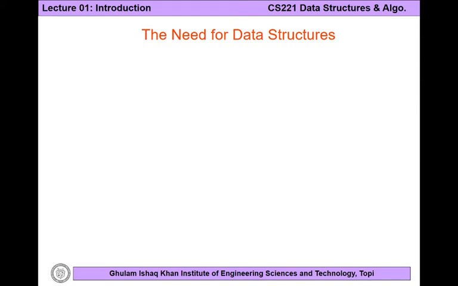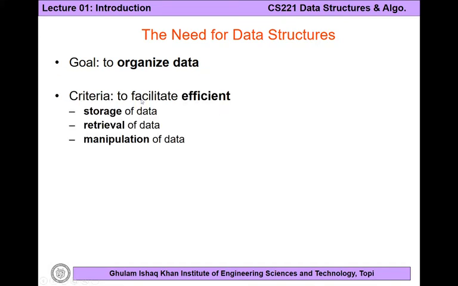The basic methodology of using data structures is to organize your data set so that it facilitates efficiency in terms of storage of the data first, then retrieval of the data, and then manipulation of the data. These three items are very important for every piece of data which is to be stored, right?